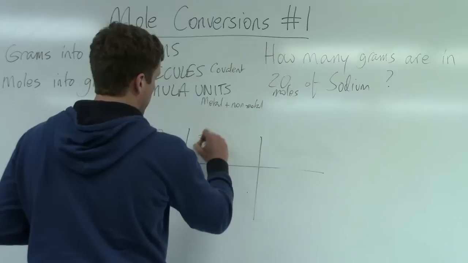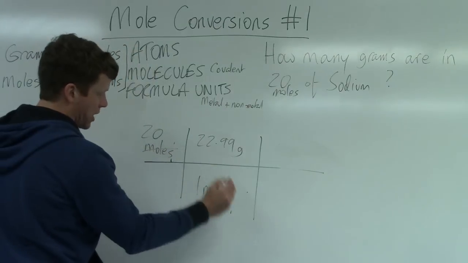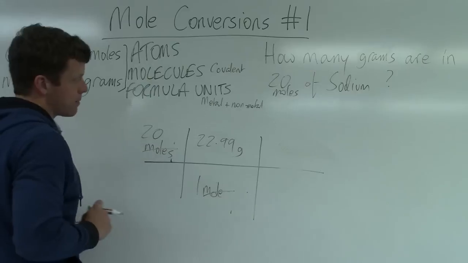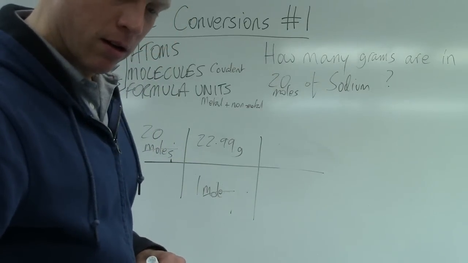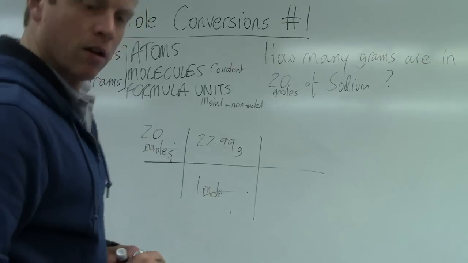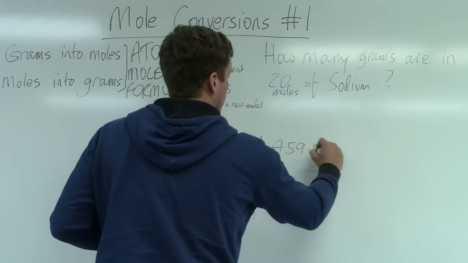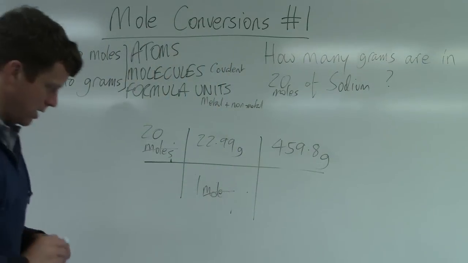So that's 22.99. So now moles cancels. So 20 times 22.99 gives you 459.8. And this time my units will be grams. All right.